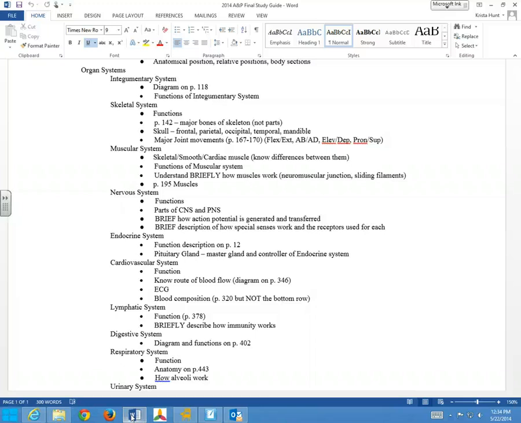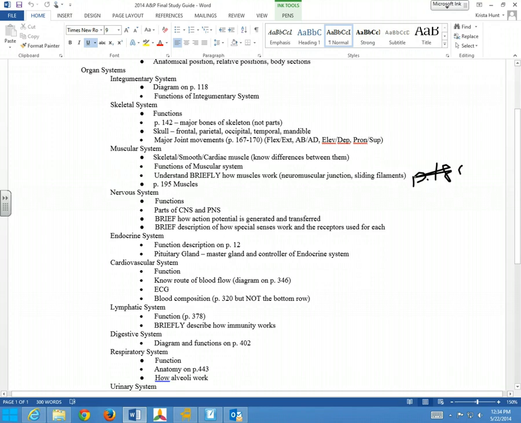Can we talk about the third bullet, understand how muscles work? How muscles work is in chapter 8. I would point you to page 185.